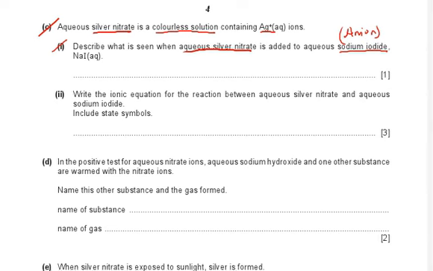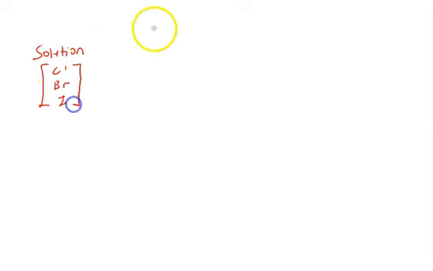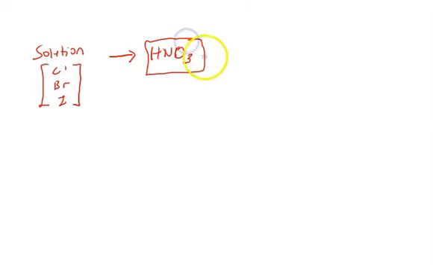Let me elaborate here further. If there is a solution of unknown that could contain chlorine, bromine and also iodine, first we need to add this solution into nitric acid. First is the acid, then we add on silver nitrate.